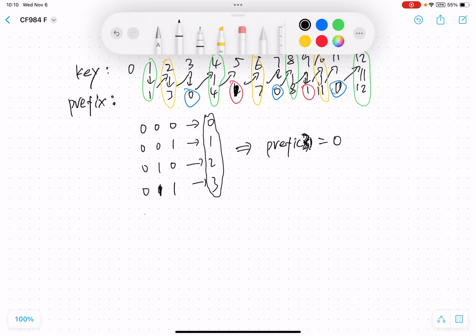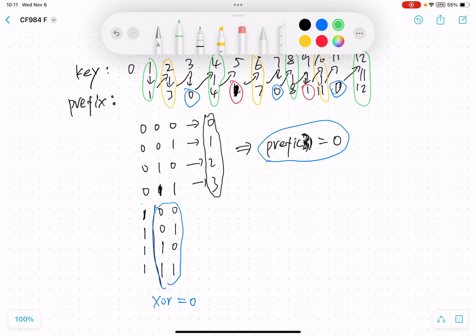The next part is another 4 elements. It is the same as the first elements, except the first bit will be 1 and the last 2 elements are the same as the first elements. So this part's XOR must be 0, and in addition, this is also 0 because there are 4 elements.